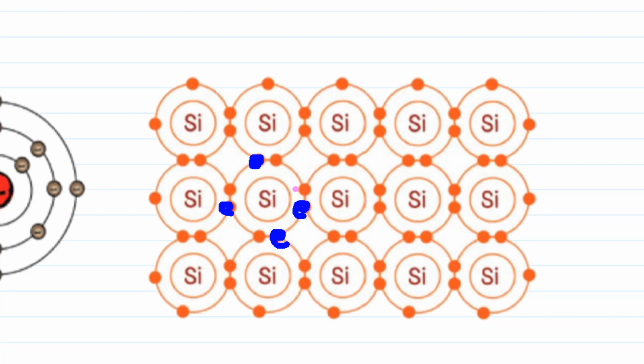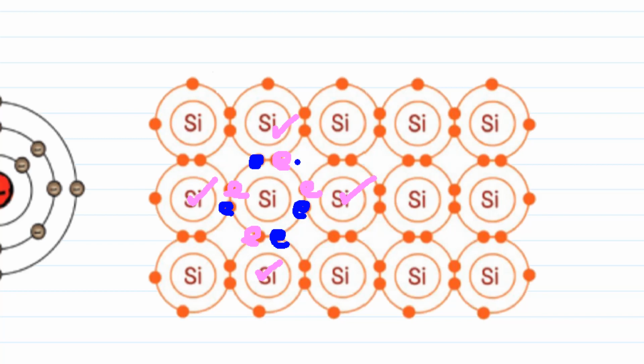These 4 are valence electrons of this silicon atom, and 5 from this silicon atom, 6 from this one, 7 from this one, and 8 from this one.